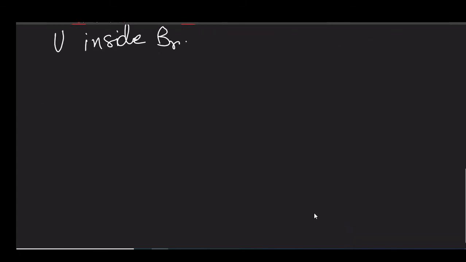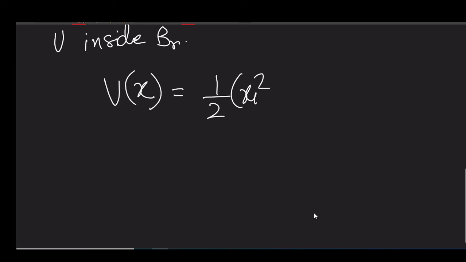Many examples you can have. One is half x1 square minus x2 square. So you will have U like this.